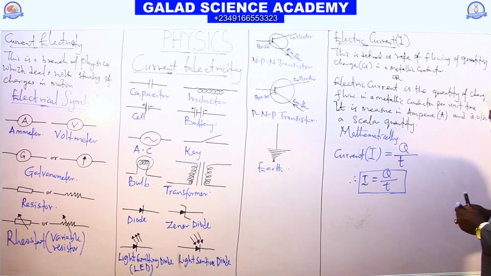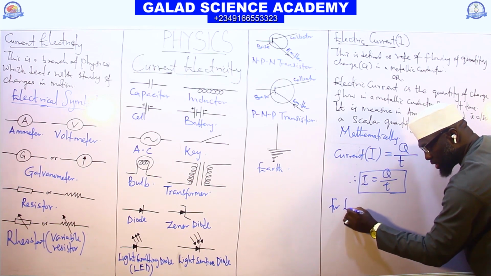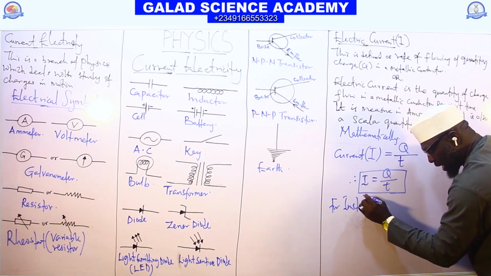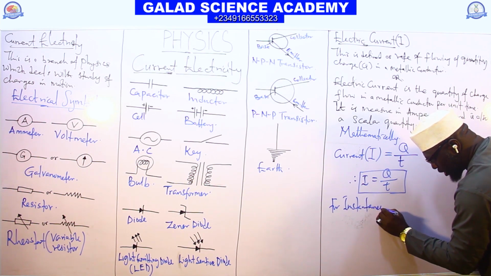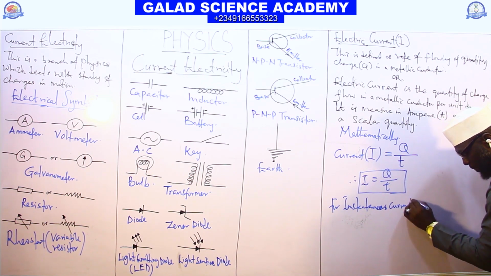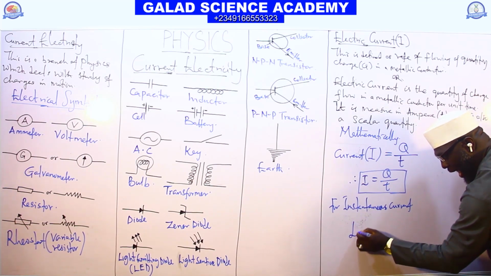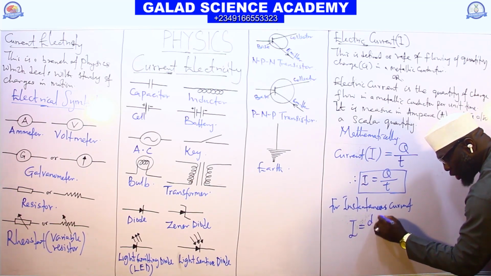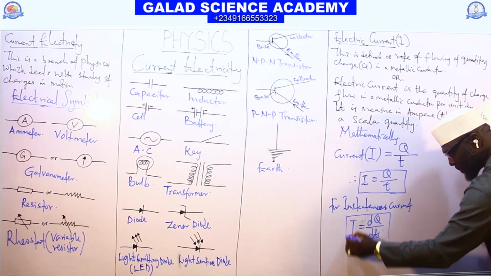But for instantaneous current, we will have I equal to dQ over dT.